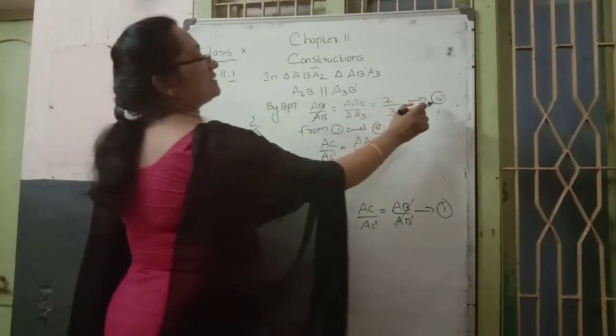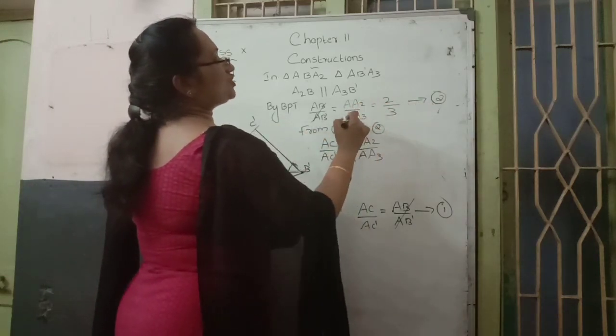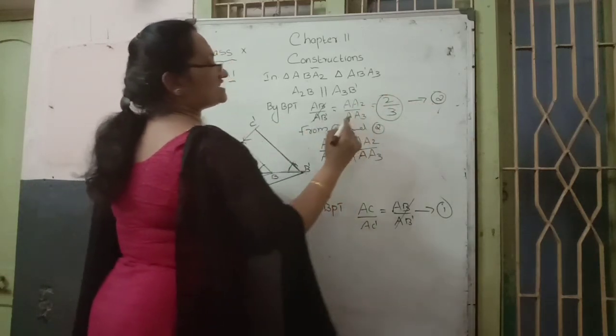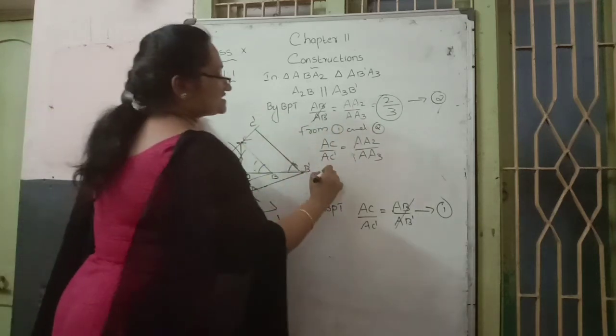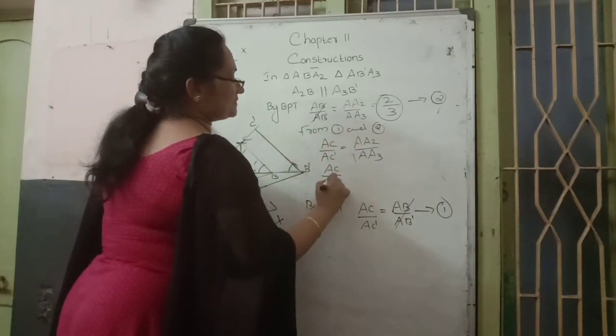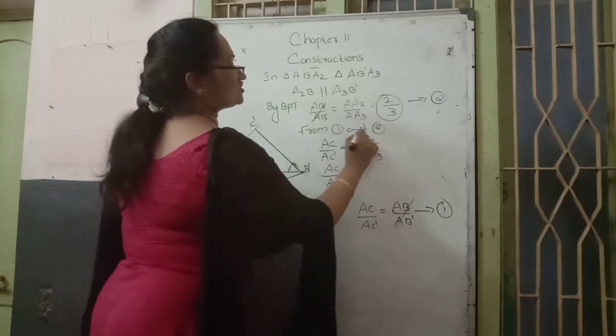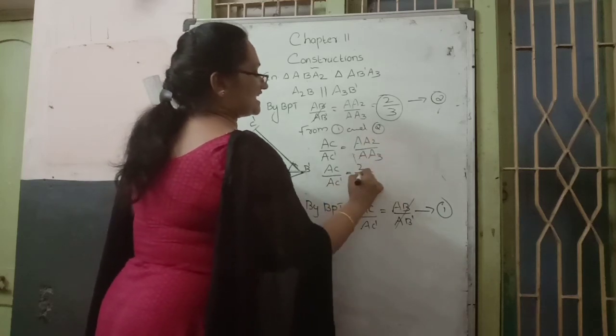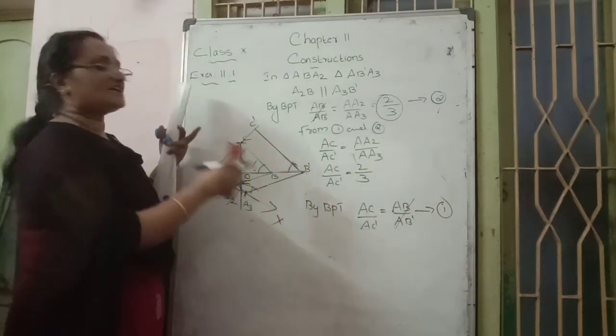But from equation 2, AA2 by AA3 value is how much? 2 by 3. Next step, we can write AC by AC dash is equal to 2 by 3.